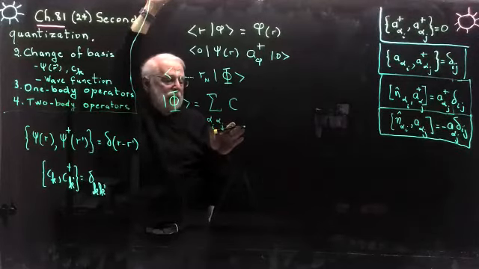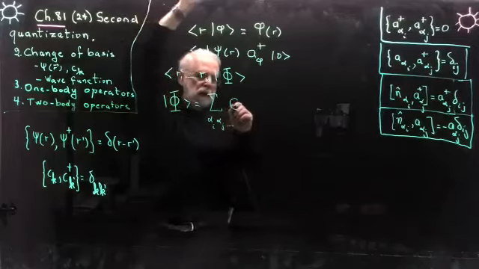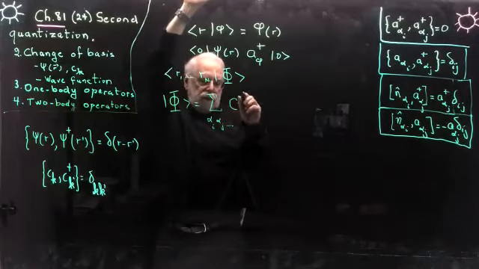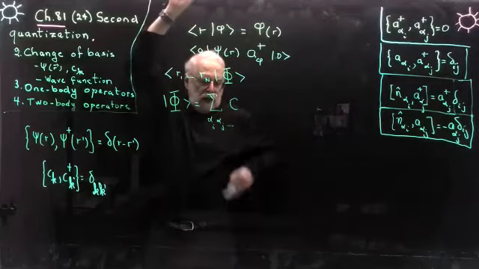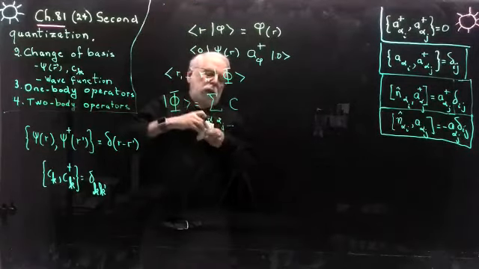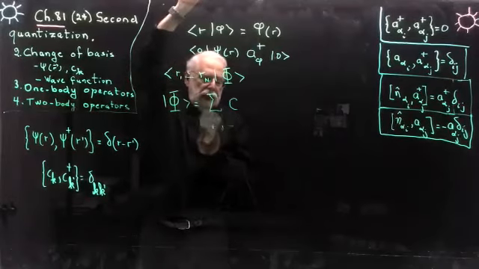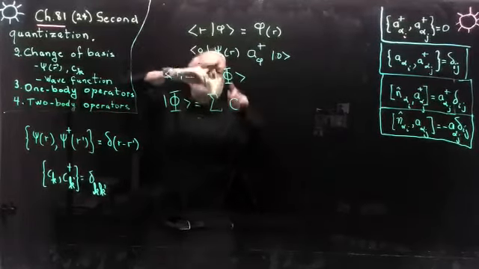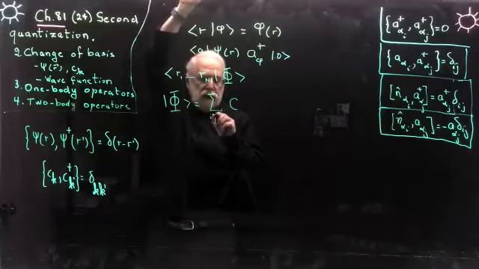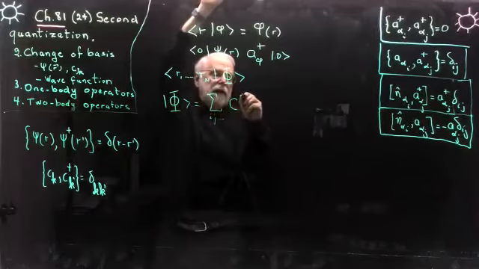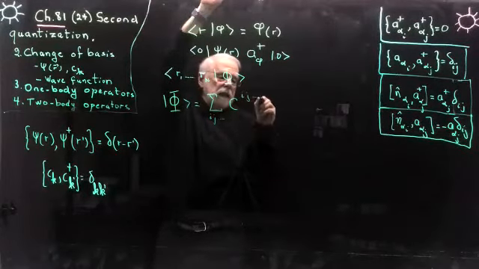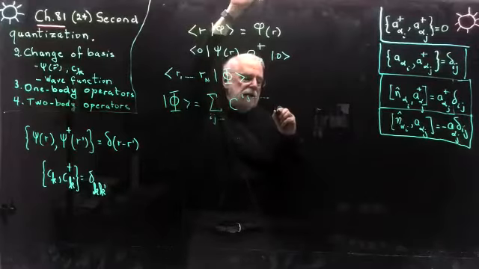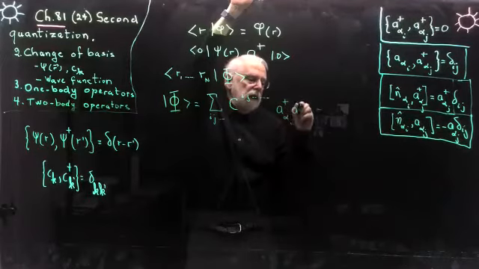So I will have n alphas here, but they can take value 1, 2, 3, etc. I can make this a little bit shorter by just writing i, j, etc. And then here I have c of i, j, etc. And here I have a dagger alpha i, a dagger alpha j, etc. acting on the vacuum.